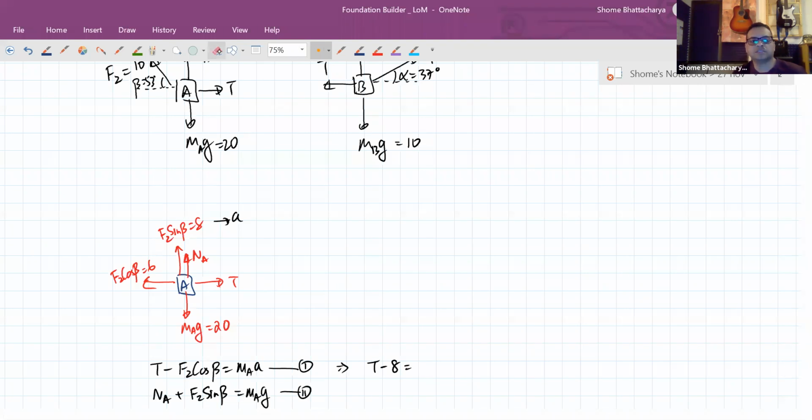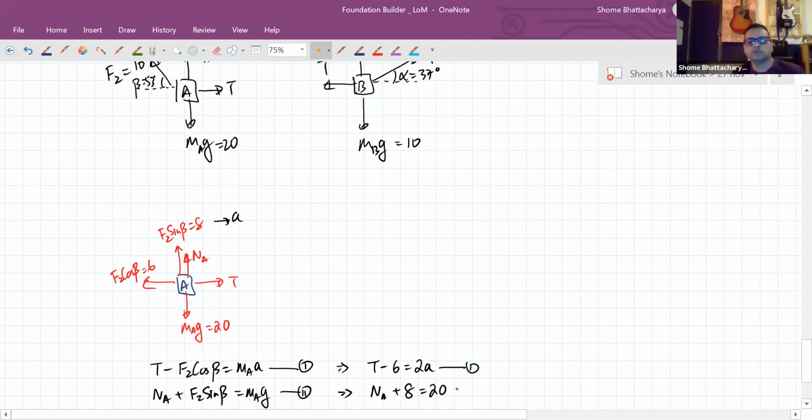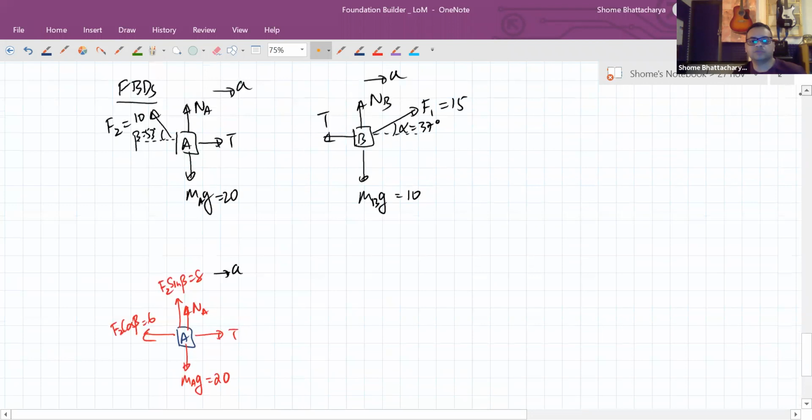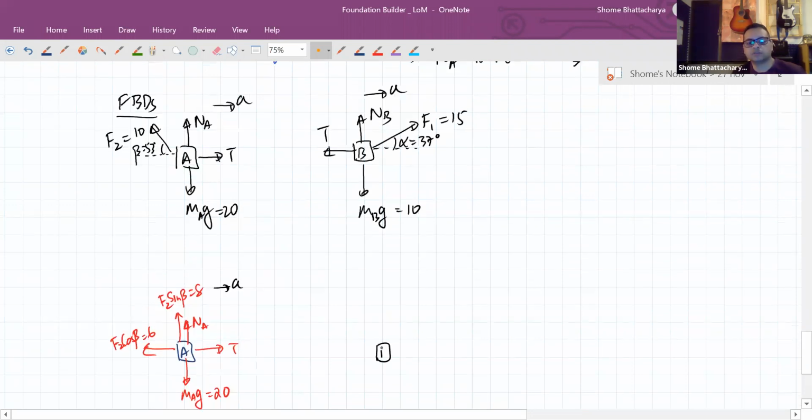Sorry, T minus 6, mistake. T minus 6 newtons is equal to the mass, which is 2, so 2A. And the second equation will become normal reaction plus 8 is equal to 20. So keep in mind these two equations, equation 1 and equation 2.